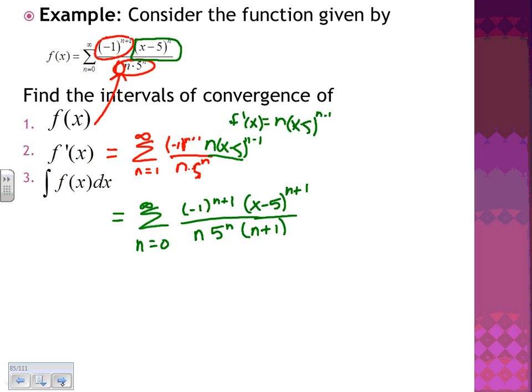Find the radius of convergence. Which one do you have to pick? Will it matter? It shouldn't. They will all give you the same radius of convergence.